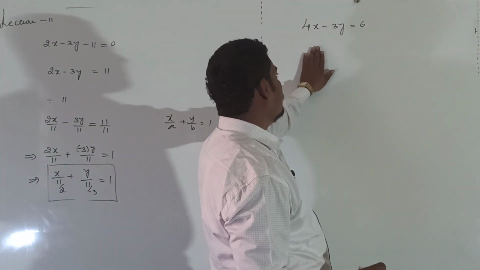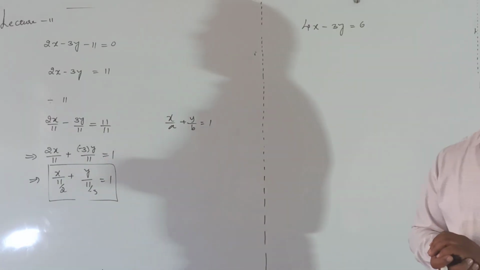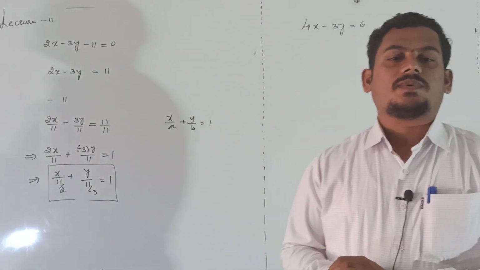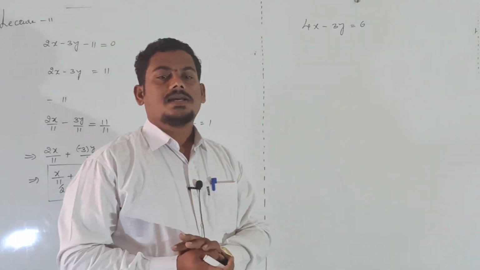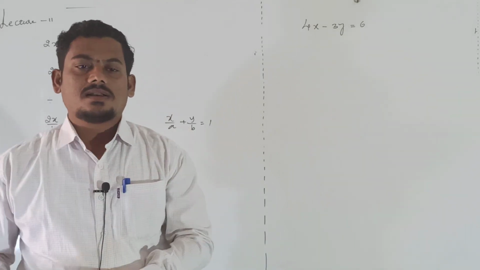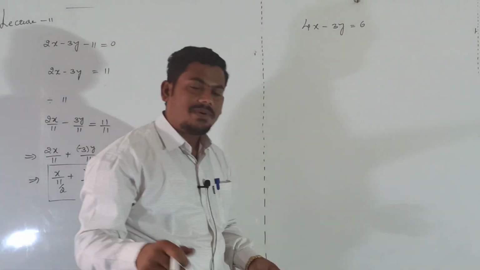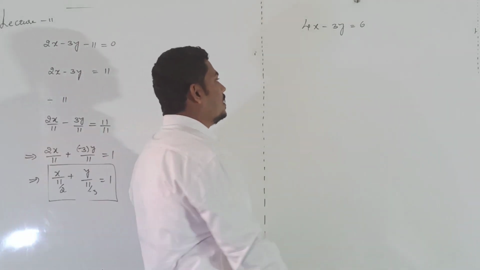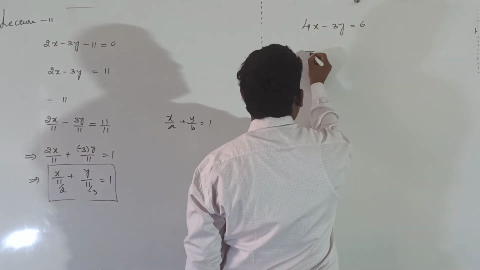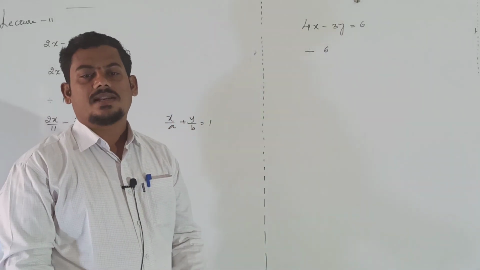While converting into intercept form, what we do? It should be in the form of x by a plus y by b equal to 1. Reduce this equation in the form of x by a plus y by b equal to 1. Means just dividing with RHS term. Means make RHS expression as 1.